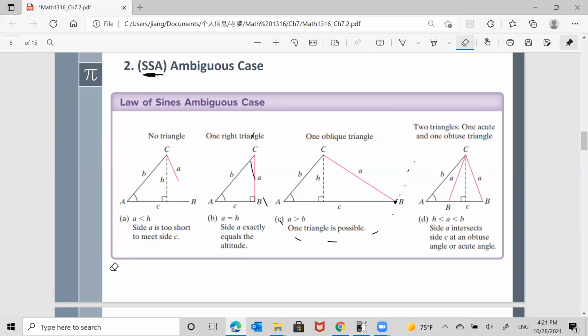The fourth case, we can create two triangles. So the A is given, B is given, and the angle A is given. And then we just rotate the A, center at the C. So we have two intersections here.